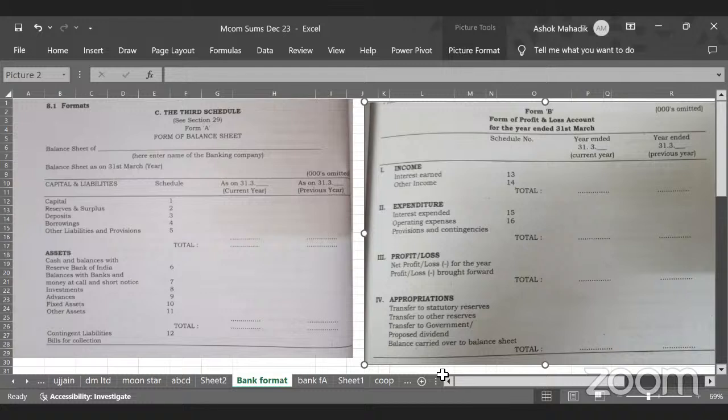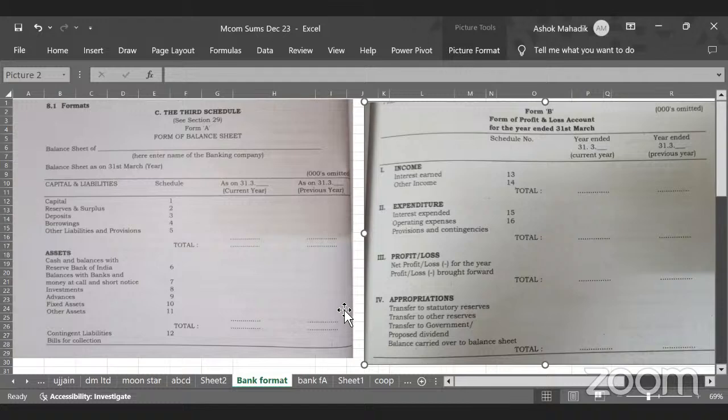If the question mentions a specific percentage, then you have to follow that only. But I suggest you take 20 to 25%. Any figure is fine, but mention how much percentage you have taken. Then transfer to any other reserves, transfer to government, or proposed dividend. And the last one is the balance figure, the balance carried forward to the balance sheet.